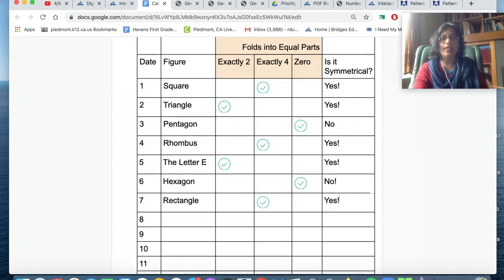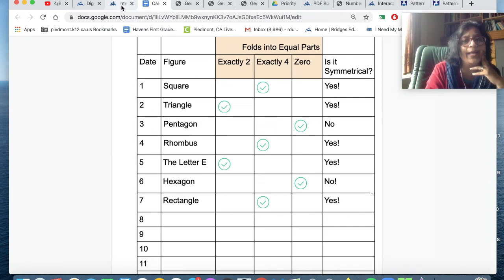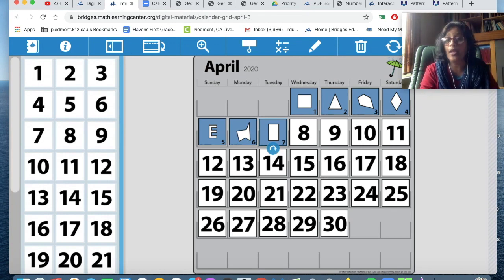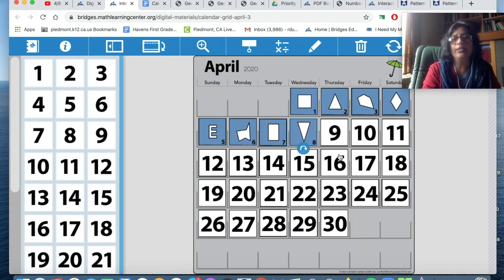So I'm thinking, maybe I should give you a job. I'm going to turn all the cards over. Okay, so I gave you rectangle, and you have to see how many sides, how many parts. Your job is to write the name of the shape. Okay, you have to see if you can fold it into 2 parts.